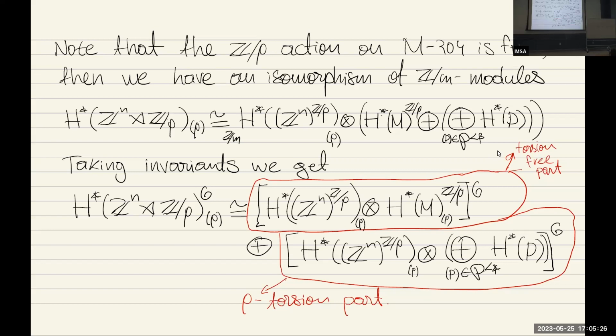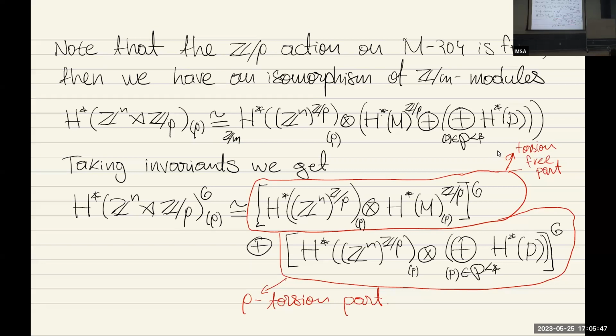The G invariant part of this group cohomology has two parts: the torsion free part, given by the G invariant part of the tensor product of these two cohomologies of free abelian groups, and the p torsion part.